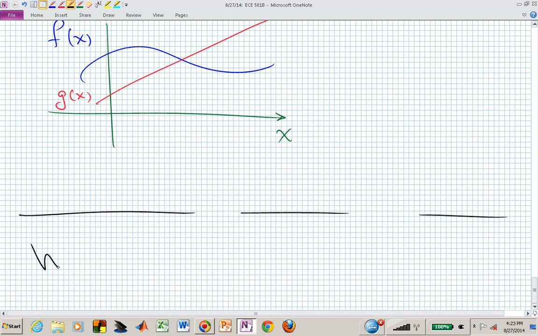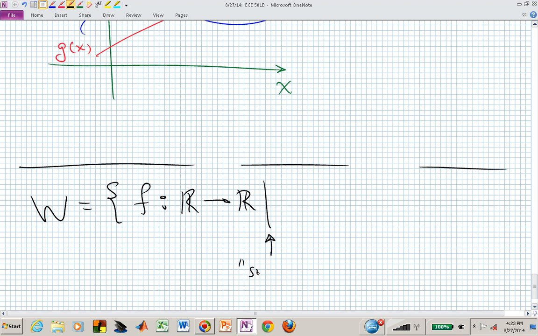We could say, well, let's look at something a little less full. Let's say that we're interested in functions f such that real numbers get mapped into real numbers, such that, that vertical line means such that, these functions satisfy this differential relationship between f and its argument or domain x.